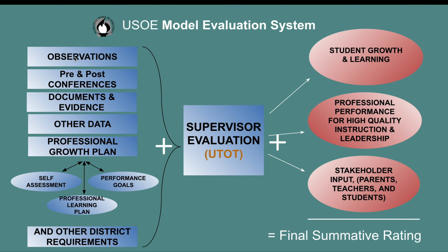So we look at all these things: observations, pre and post conferences, documents, evidence, other data, your PGP that you create, and other district requirements. That added to what are the kids doing in the classroom? Okay, that's what we're looking for. Your professional performance, the instruction that you're giving in the classroom, and then there is a component with stakeholder input that you guys are probably familiar with.